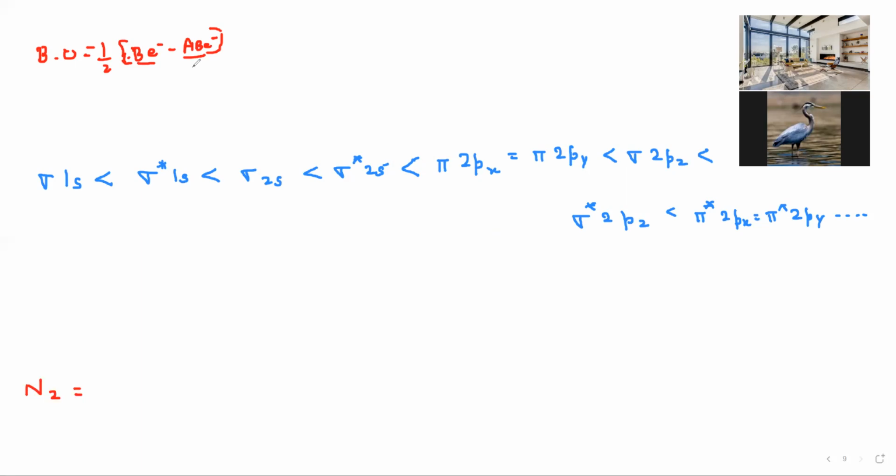Wait, N2 bond order? Do one half into 14 electrons, right? Is it 3?